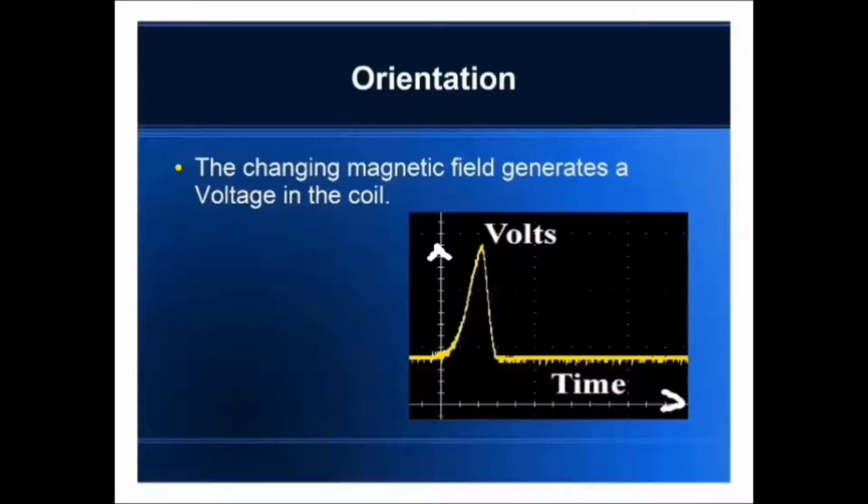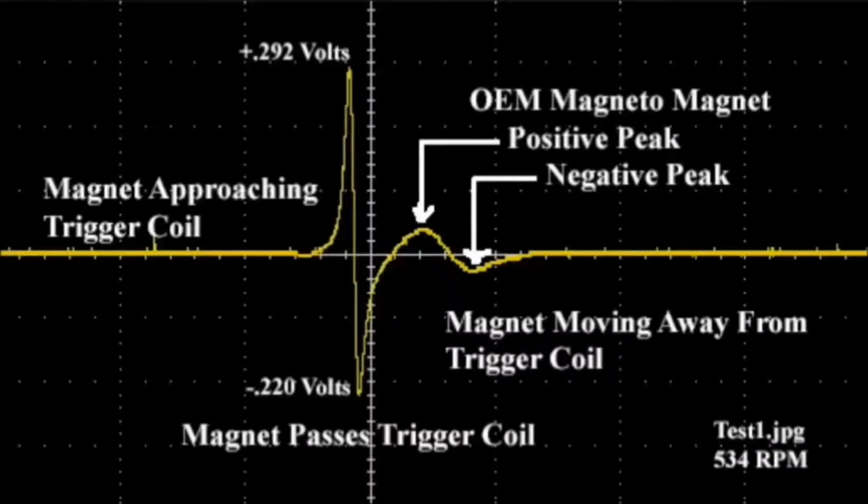This, however, is not the way it is at all. I used an oscilloscope attached to the output of the trigger coil to make us a picture of the actual trigger waveform. And it's shown here. If we take the yellow line and we go to the far left, we can envision the magnet is somewhere quite distant from the trigger coil.